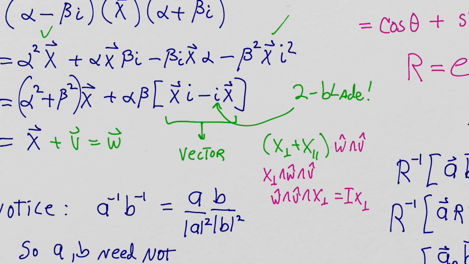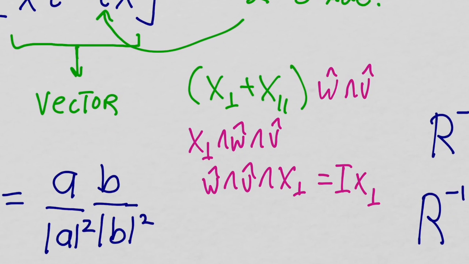So what about the parallel parts? Well, if I change this perpendicular to parallel, well, the definition of parallel is that it's in the plane of W and V. So that part goes to 0 right away, right? So the only part of this x parallel geometric product with W wedge V is the contraction part. So all of this is 0.